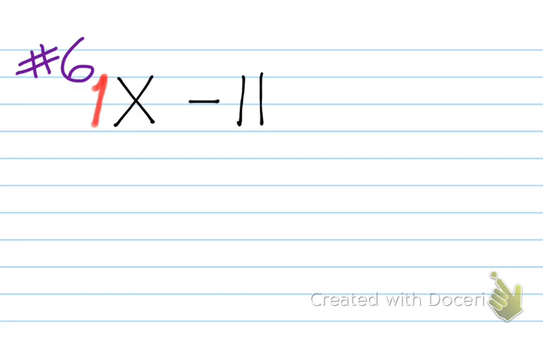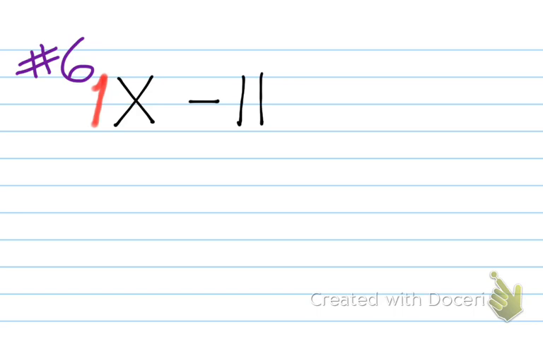Our next example is number 6. Now we have one polynomial. The coefficient, if you don't see it, is always a 1. So remember that it's a 1. You can write it, but you don't have to. Our second polynomial is just a number. There is no variable part behind that.